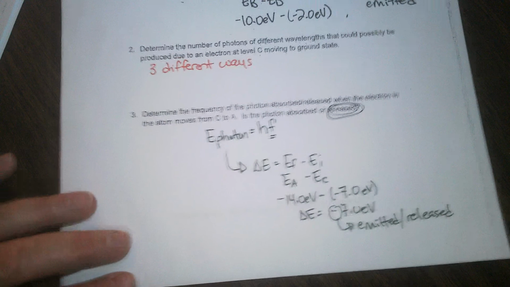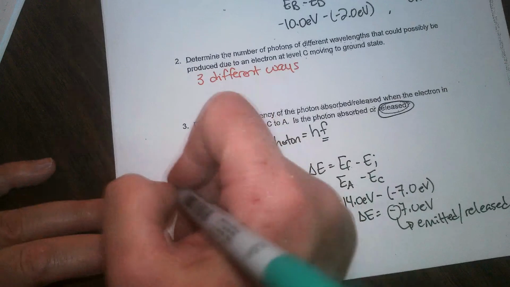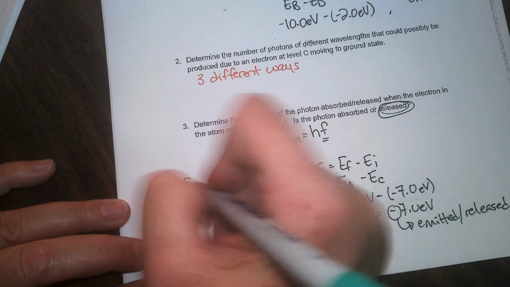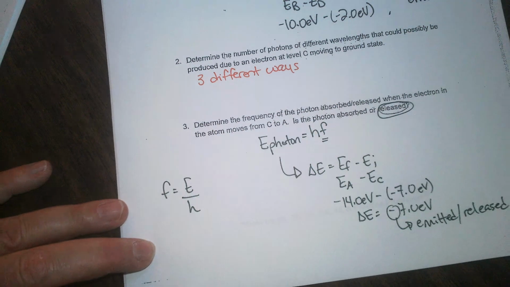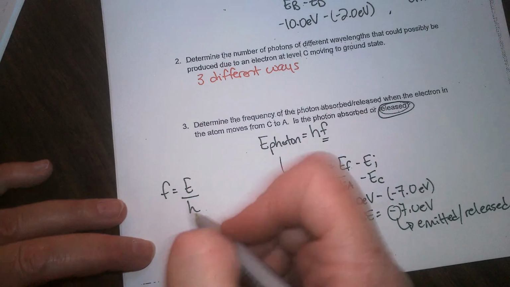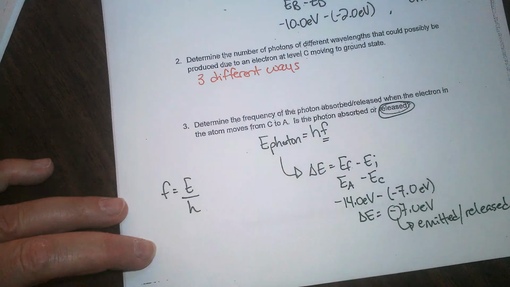We still have to figure out the frequency. So frequency is going to be equal to the energy over Planck's constant. Planck's constant comes to us in two values, electron volts and joules.